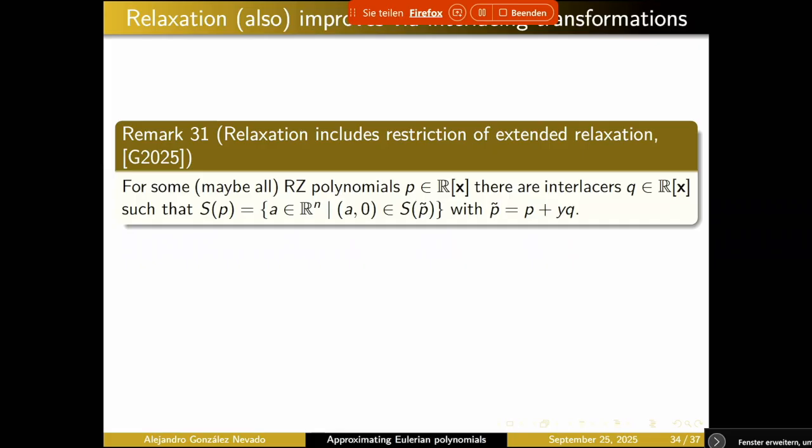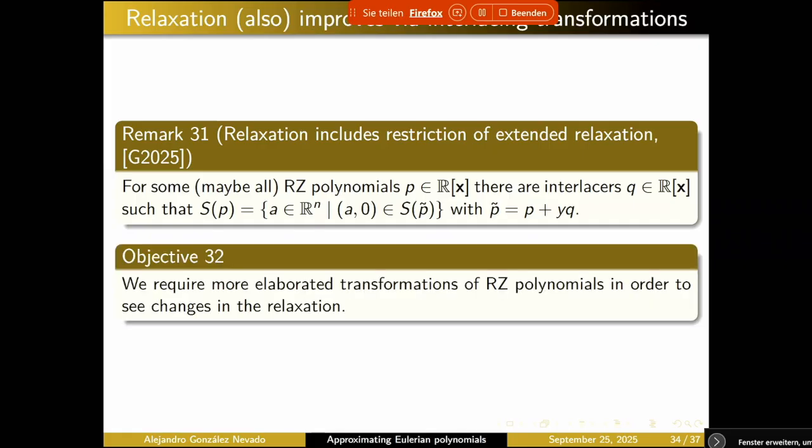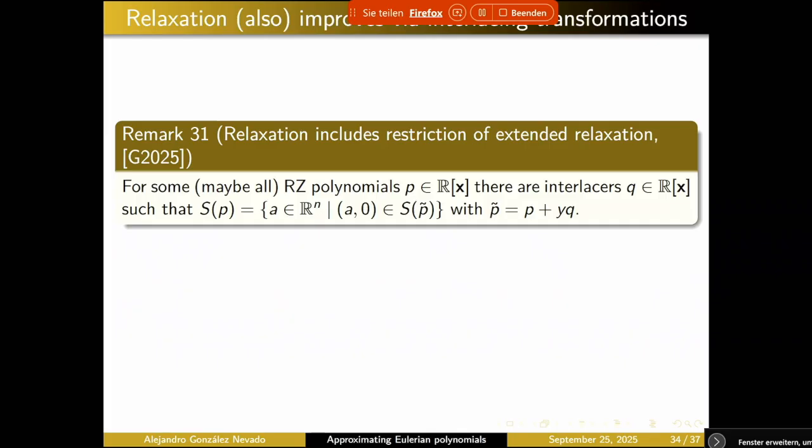But if you add a different interlacer, for some, maybe all, maybe for almost all real 0 polynomials, when you add some interlacers, you will get something better. So this should not be written in this way. This should be that SP is included. This should be an inclusion.